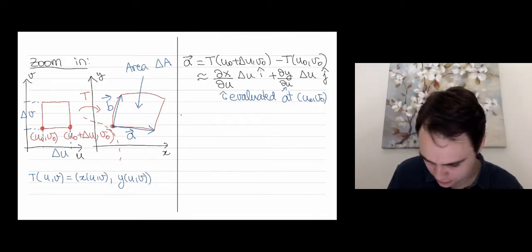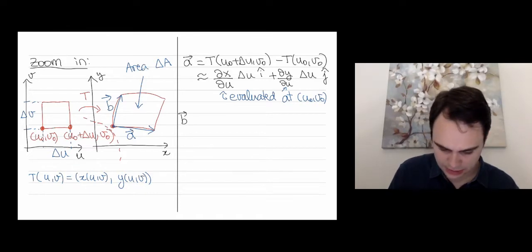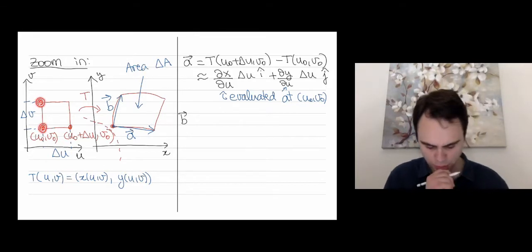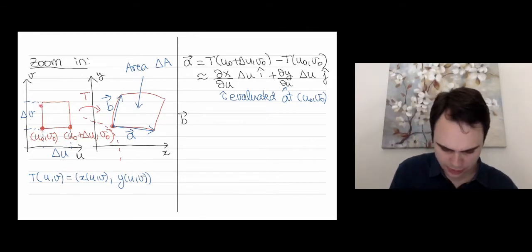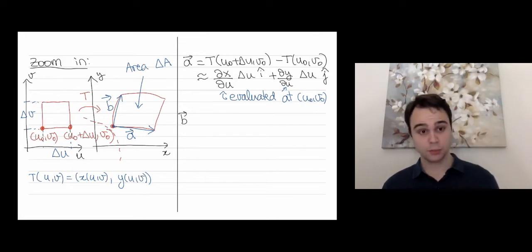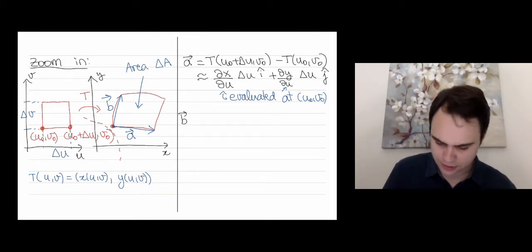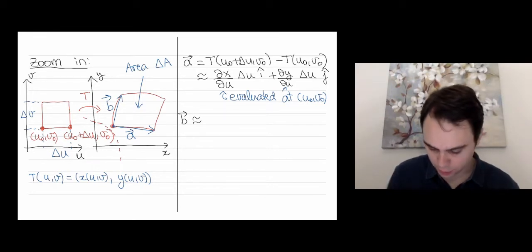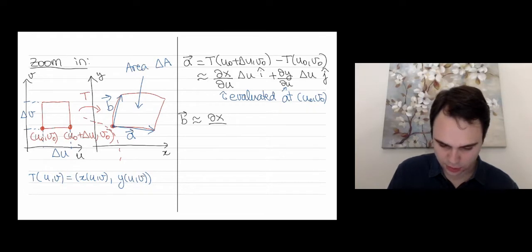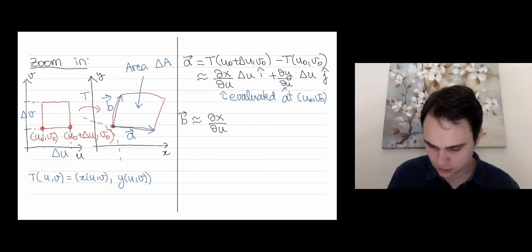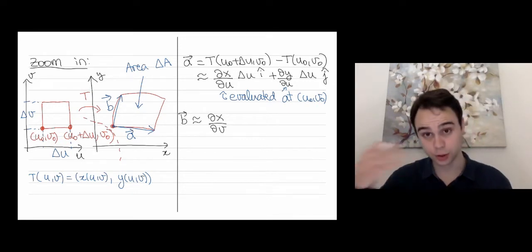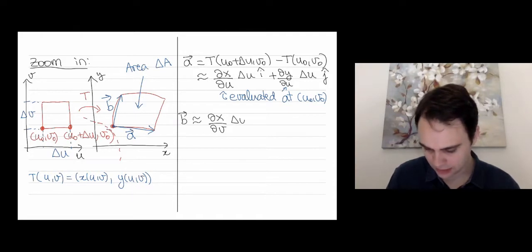So this vector B is T of this point minus T of that point. You see that these 2 points have the same u coordinate, but the v coordinate changes by delta v. So this vector B is approximately: the difference in the x coordinates is dx/dv, sorry, you take the partial of x with respect to v and multiply that by delta v.